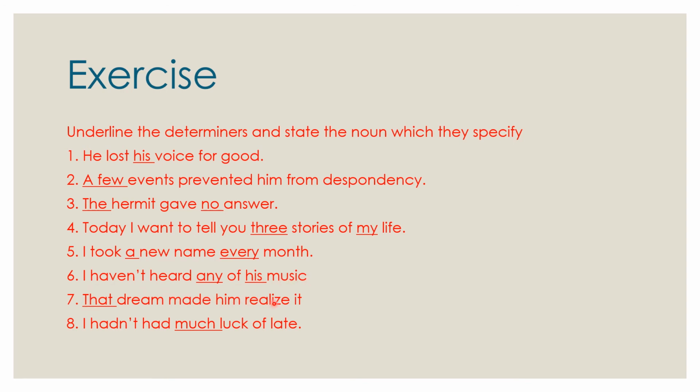That dream made him realize it. That is a determiner. It's a demonstrative, but it's a determiner. And dream is the noun that it states. I hadn't had much luck of late. So here, much is the determiner and the noun which it states is luck.